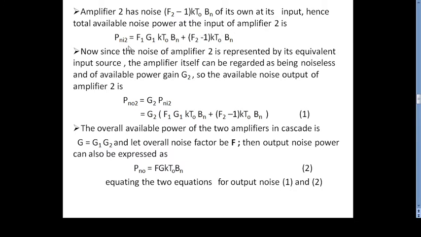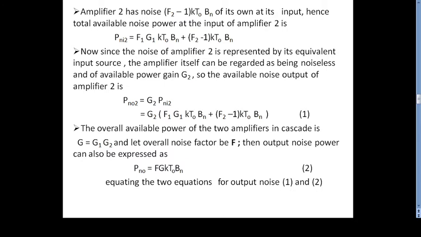We can calculate the total input noise power available at the input of amplifier 2, that is F1 G1 K T0 Bn plus (F2 minus 1) K T0 Bn. So by using this we can calculate the noise power available at point 2.